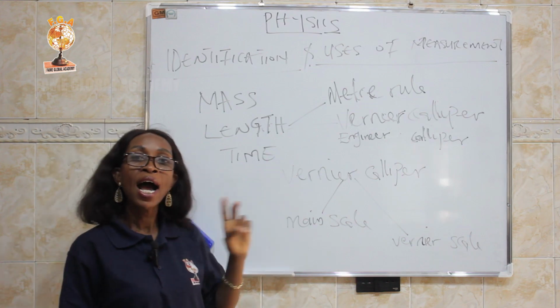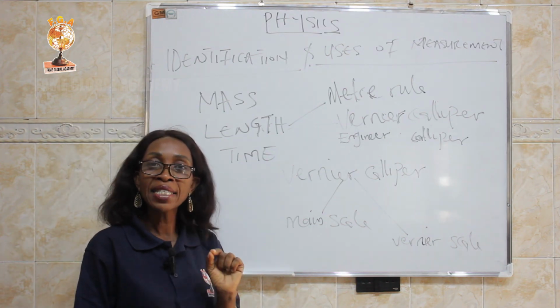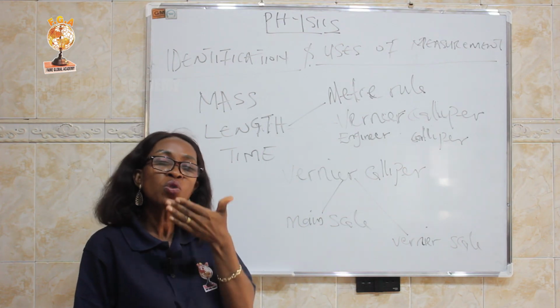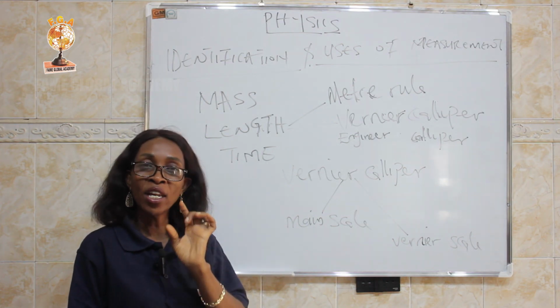The vernier caliper has two scales, the main scale and the vernier scale. And then we are going to be learning how to use them to measure length.